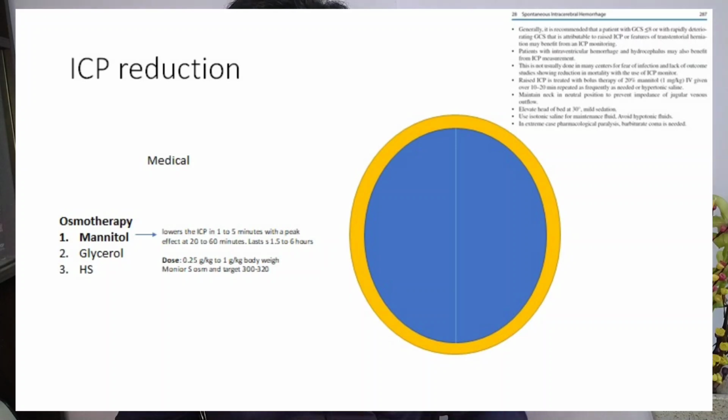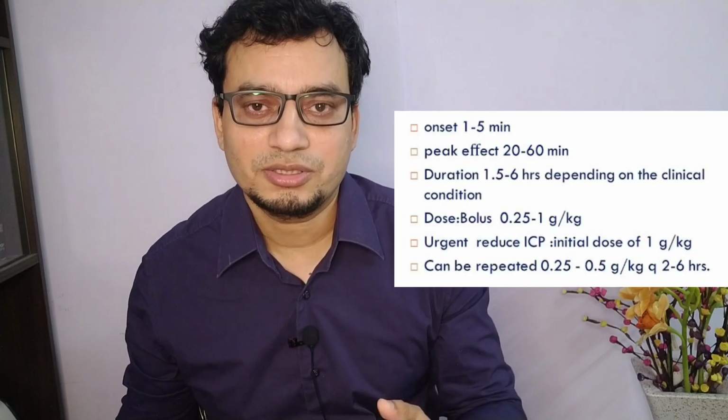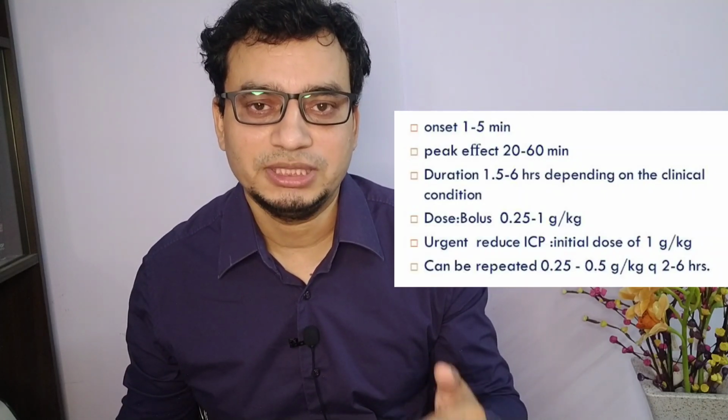Okay, the most common and most effective osmotherapy which we use in the ICU is the mannitol, and you should be again very confident about the theoretical aspects of the mannitol. Mannitol lowers the ICP within 5 minutes with a peak effect at 20 to 60 minutes, so somewhere at 45 minutes, and it lasts for about 1.5 to 6 hours.